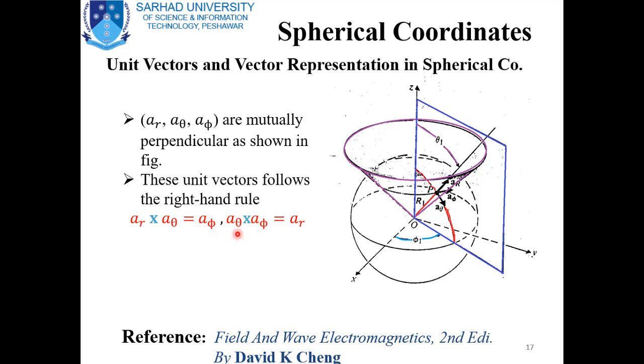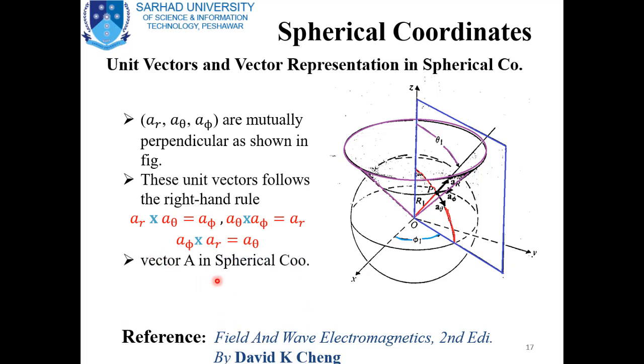Or if a theta is rotated toward a phi, the resultant will be ar, and if a phi is rotated with ar, the resultant will be a theta. The dot product of similar vectors will give us 1, and the dot product of different vectors will give us 0.